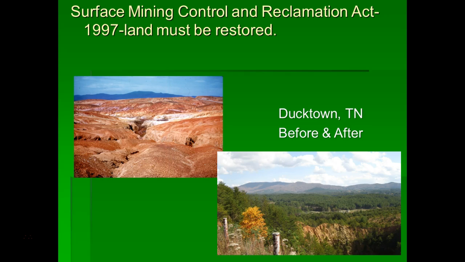What you're seeing here are pictures of Ducktown, Tennessee, or the Copper Basin area in Tennessee. That mine was mined out in the 1800s. They mined the area as well as deforested it, because back then smelter pots were actually run off of trees.